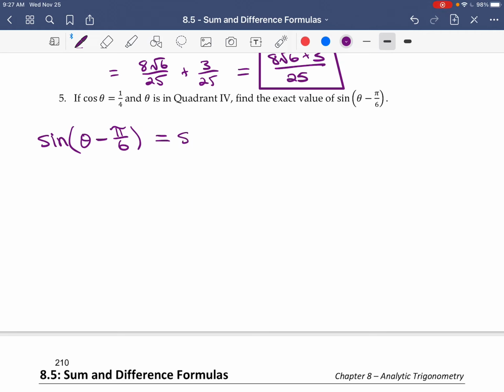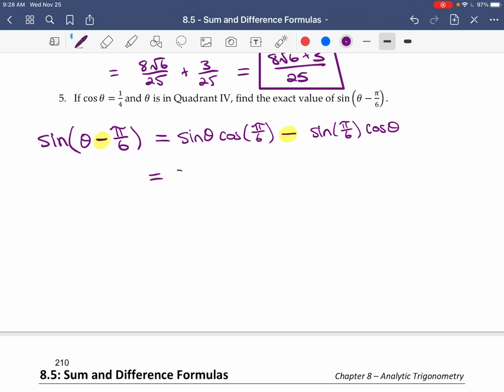So this is going to be sine theta cos of pi by 6, same sign. For sine, the minus that's in here is also a minus out here. And then it's going to be sine of pi by 6 times cos of theta.